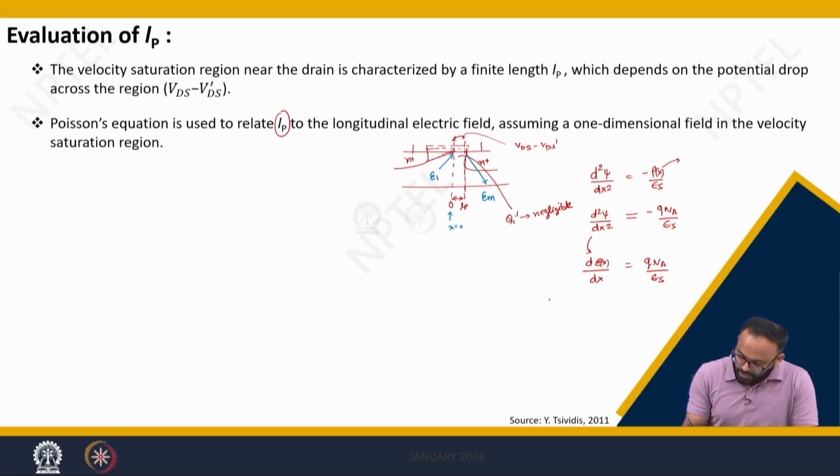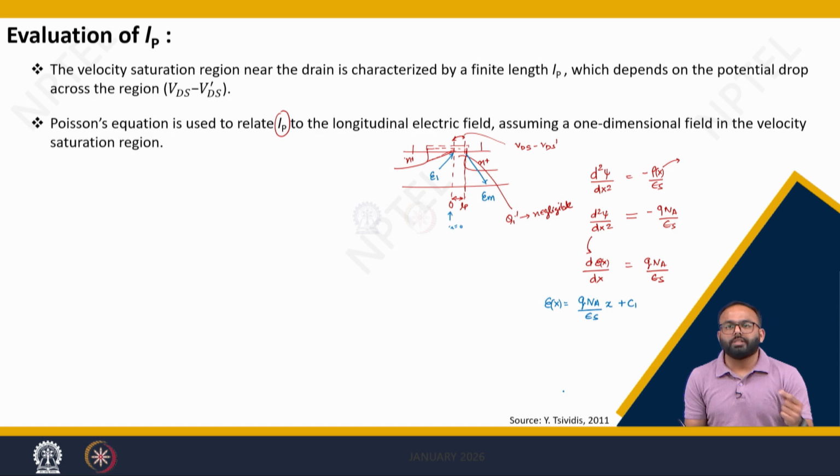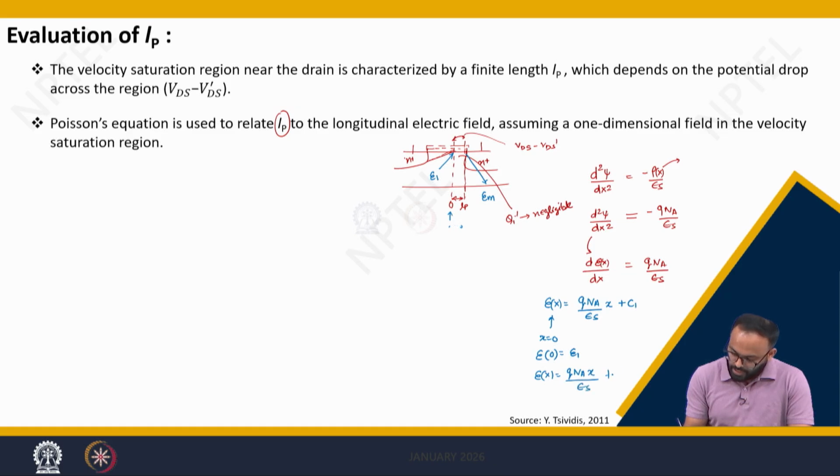We can simply rewrite this equation as Ex is equal to q into Na divided by epsilon s into x plus C1. To find this constant C1, I put a boundary condition at x equal to 0, E of 0 is nothing but E1. So, this will give me Ex is equal to q into Na into x divided by epsilon s plus E1, where E1 is the electric field exactly at this point, where we can consider that the carrier attains its velocity saturation.